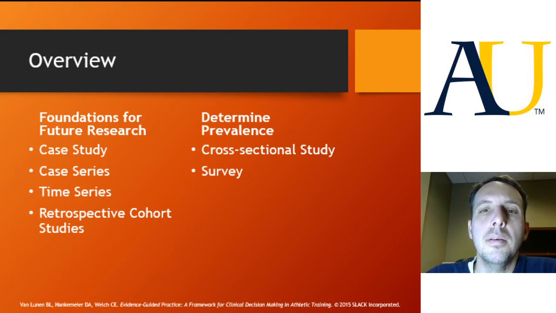If we're trying to determine the prevalence of a condition, we're looking at cross-sectional studies or surveys, with the cross-sectional study being either prospective or retrospective, where we go back into the data or go out searching for these conditions and try to figure out how many occur. You can also do that via survey by asking specific questions that have been associated with different things.